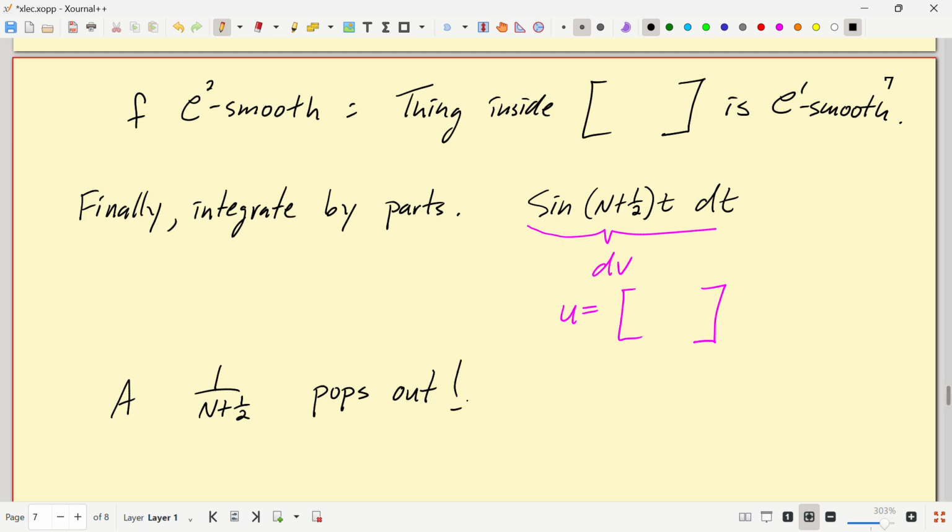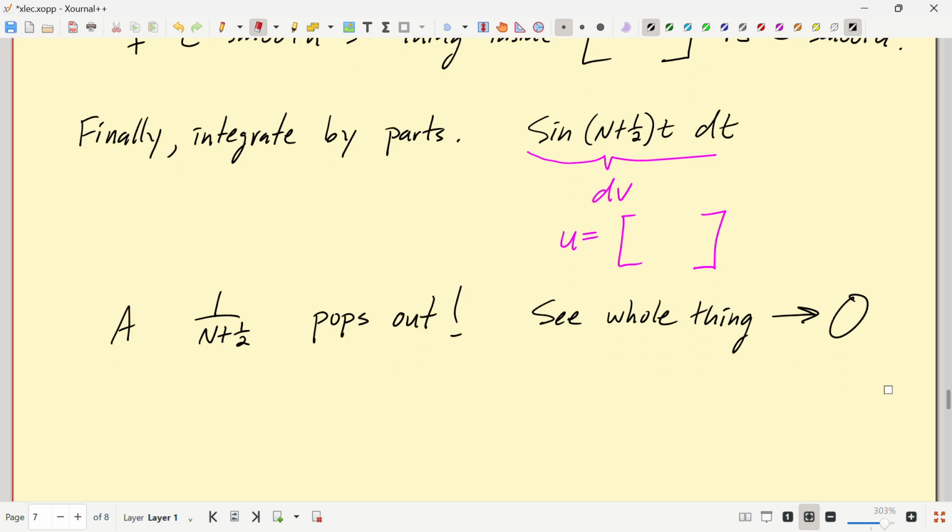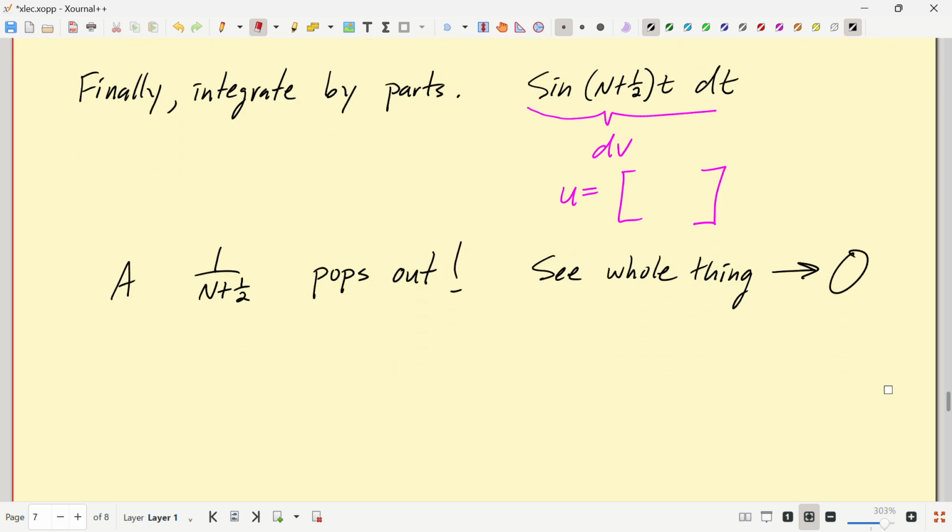And that's how you show that the difference tends to 0. We see that the whole thing tends to 0. And in fact, it's uniformly in x. If you sit down and think about the error, the whole thing goes to 0 uniformly in x.